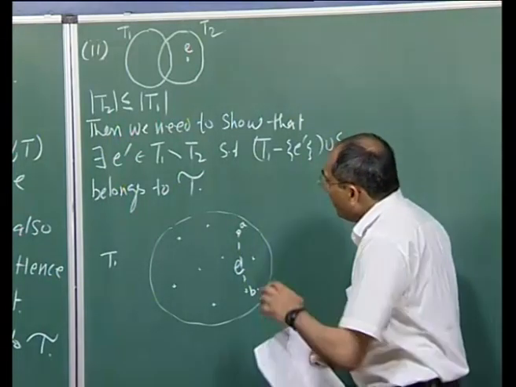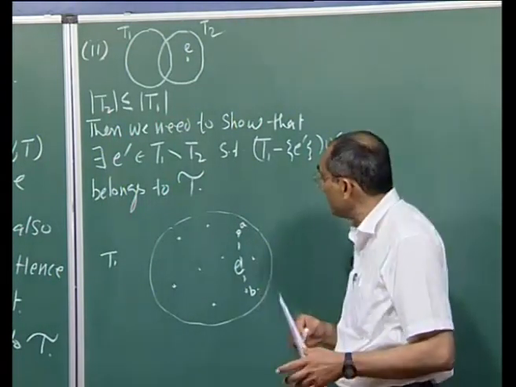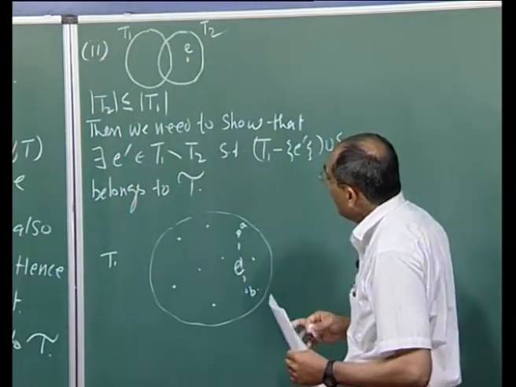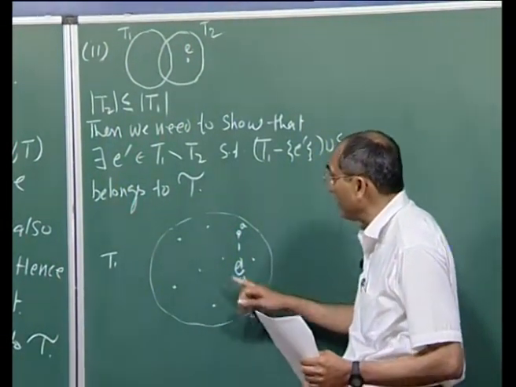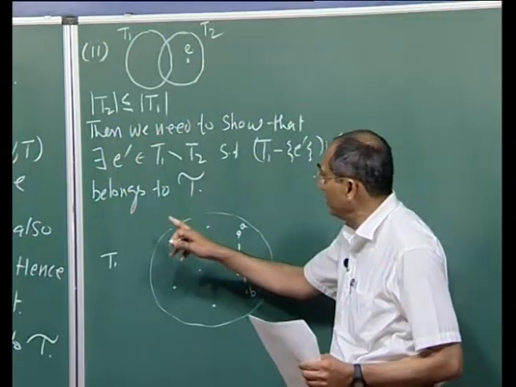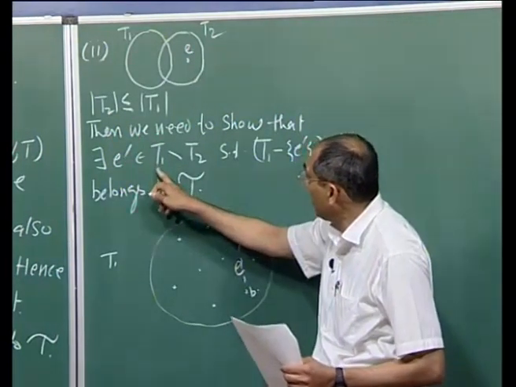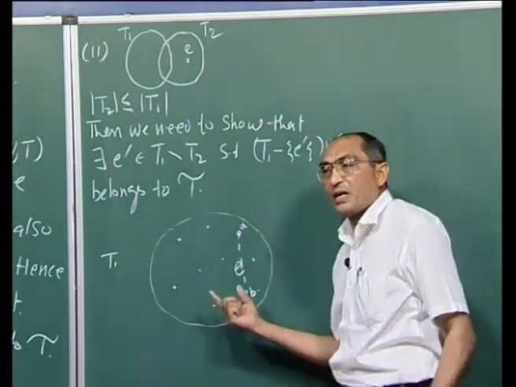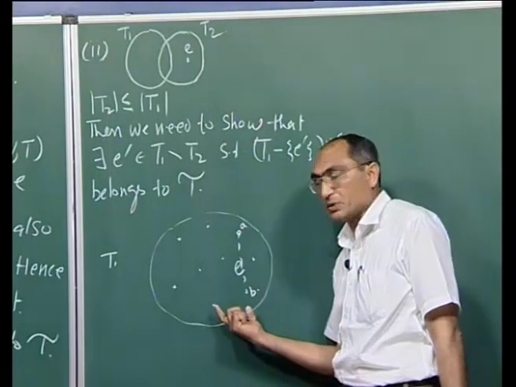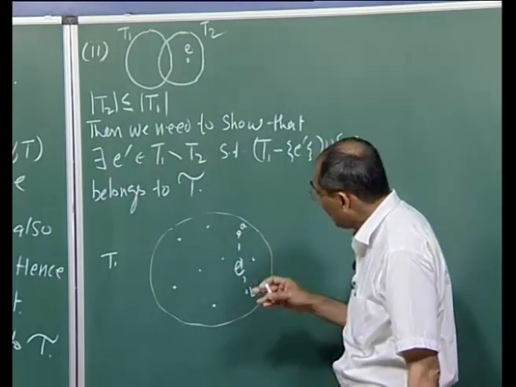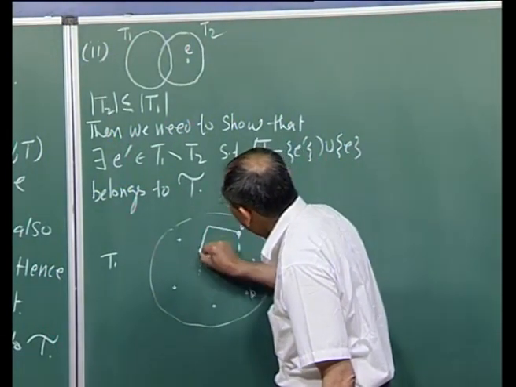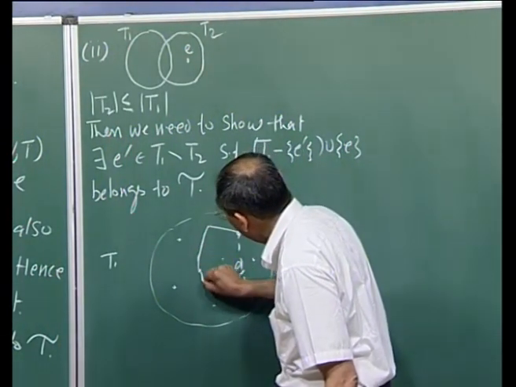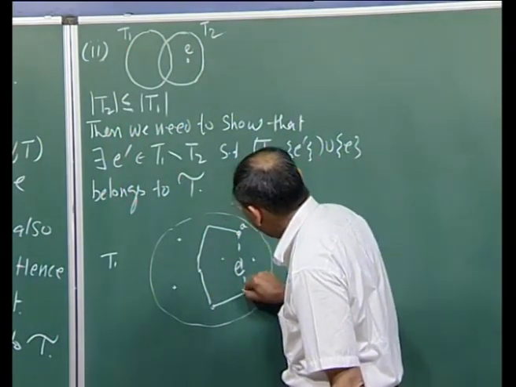But notice that without E there was no cycle in the graph. If a cycle is not formed, then deleting any edge from T1 minus T2 will also keep it a forest, there is no harm. In case there is a cycle formed, then there is some path.